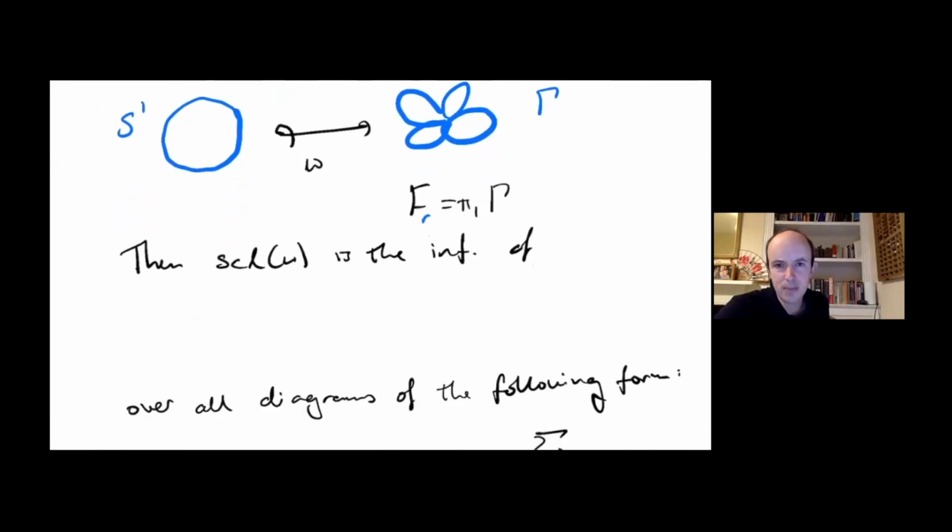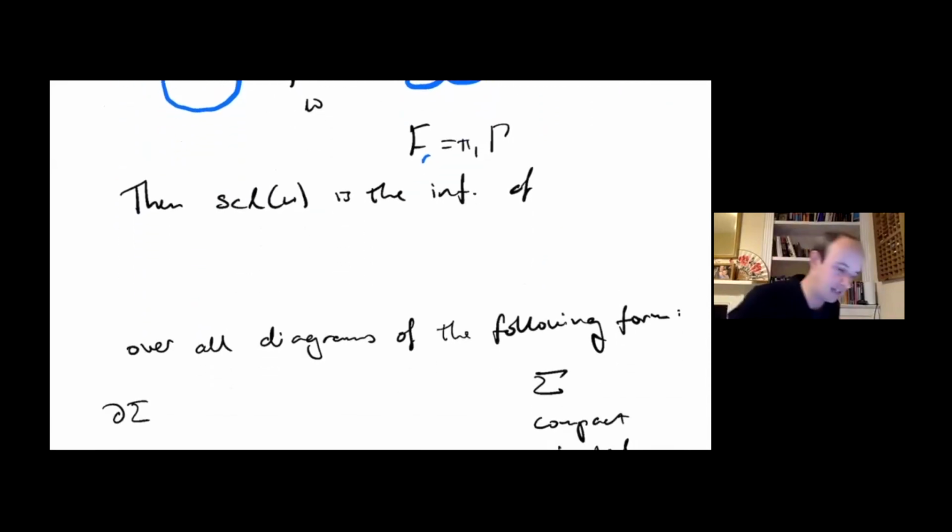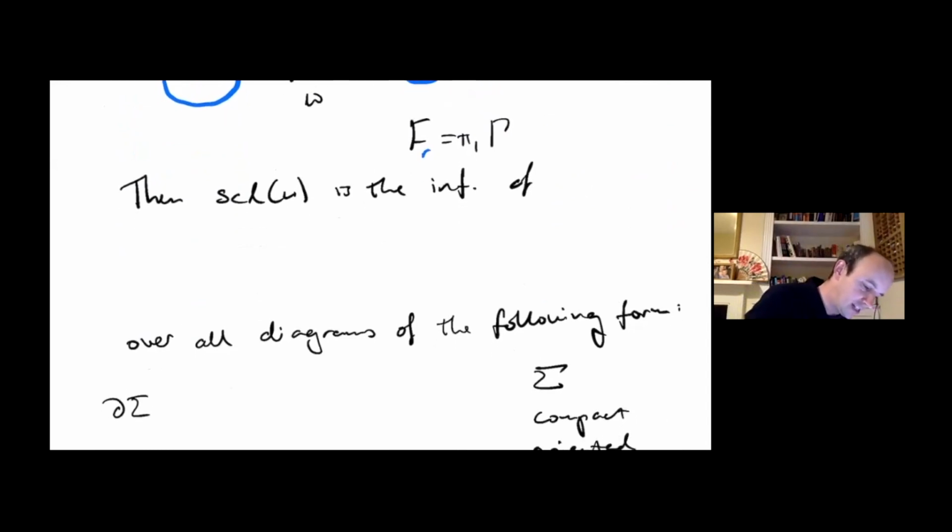So from this point of view, the stable commutator length is the infimum of the following quantities. There's going to be some surface. We're going to think about some surfaces, sigma, and I'll tell you about them in a second. But they're going to be surfaces with boundary, and I'm going to look at their Euler characteristic. Hopefully, is it okay for everyone, do you know what the Euler characteristic of a surface is, or should I remind everyone?